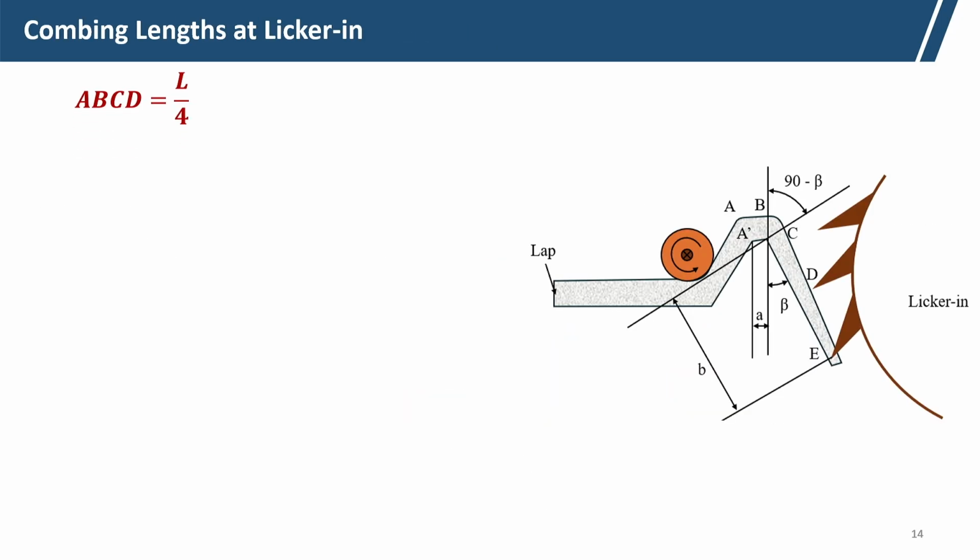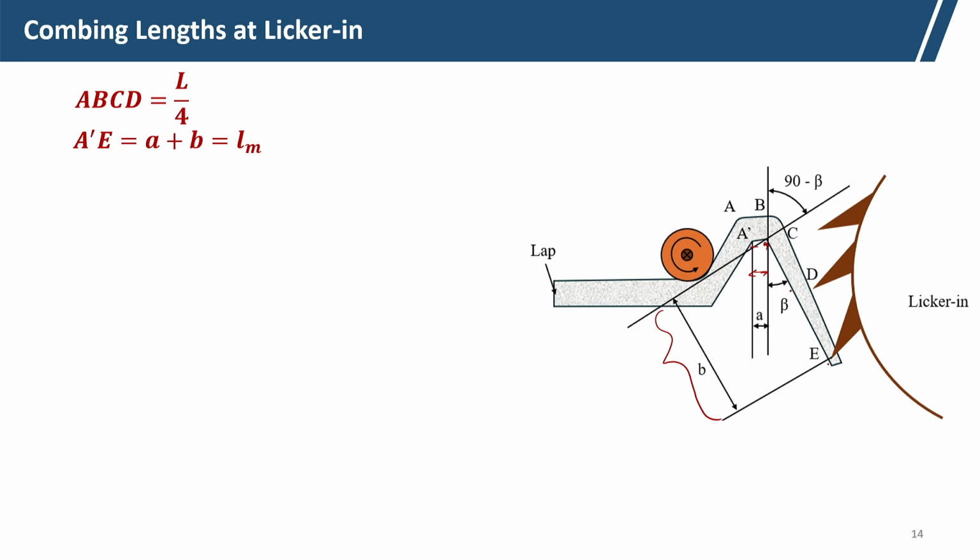So, ABCD is equal to L by 4, 1/4 of the staple length. Now, A dash E equals, we can divide this. A is the width of this plate and B is this straight distance here.